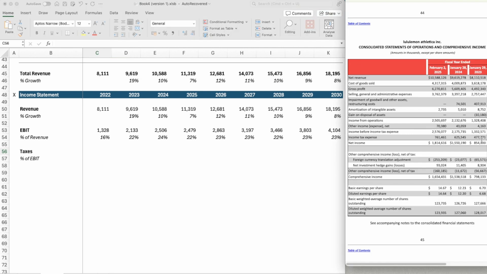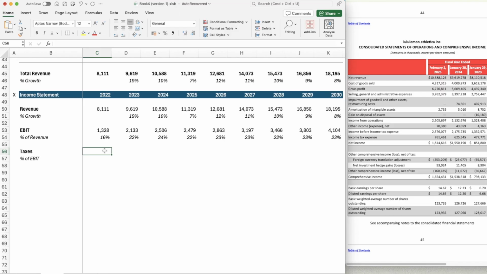So income tax expense, 477.771. Let's have a look.